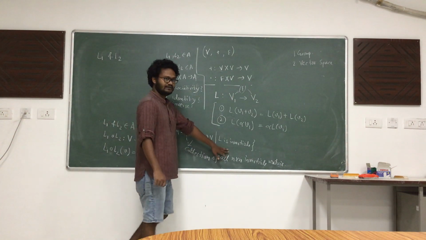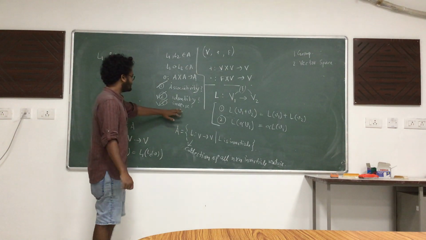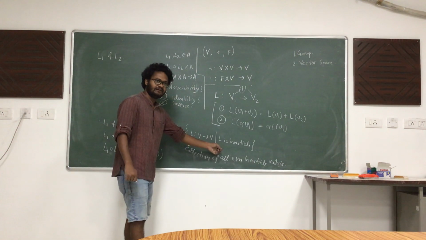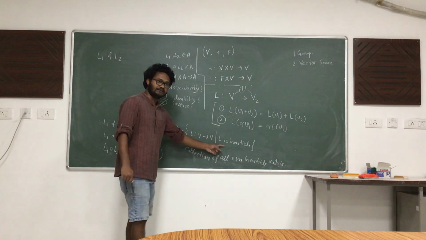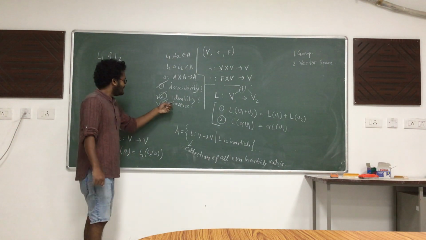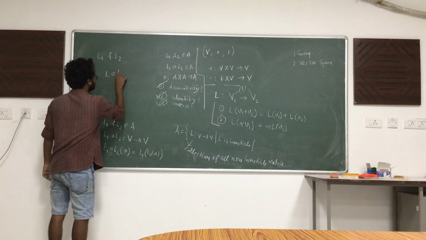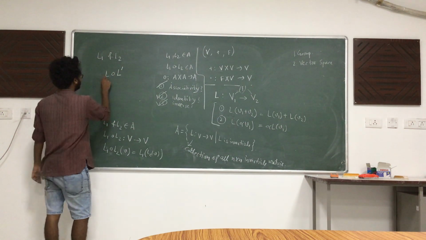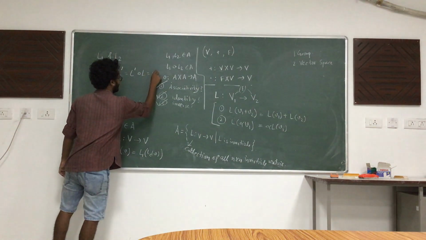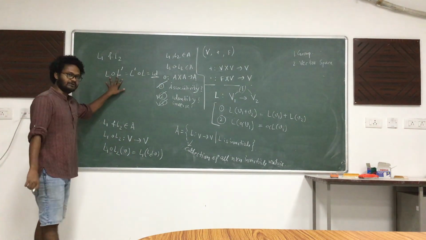But yes, you can check it explicitly, because the inverse that we are talking about in the elements of A are inverses of mappings. The inverse we are talking about here is the inverse that satisfies this condition. Let's say given L, there should exist another L prime such that L prime composed with L is equal to the identity operator. That's the inverse we are talking about.